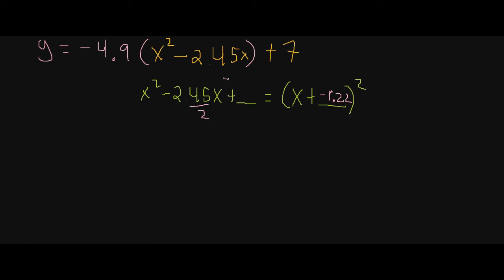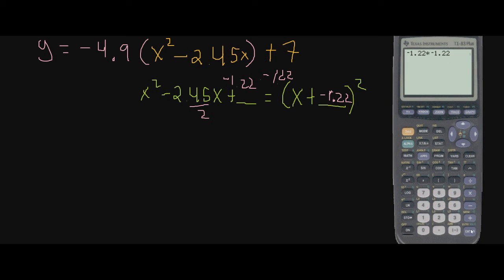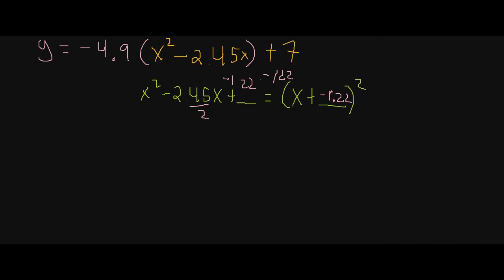So negative 1.22 times negative 1.22. Right, I'll just pull out my calculator. And we're going to get 1.4884. I'll just round to 1.5, all right? Let's just do 1.5.